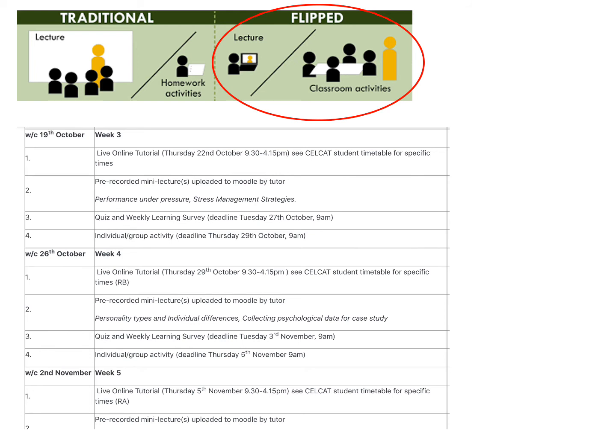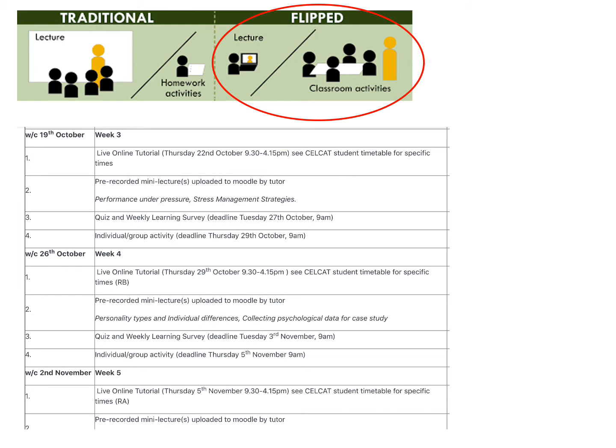Underneath, this is a copy of some of the weeks of the schedule of the module, and you'll see that there's a live tutorial, which will be about the previous week's learning, and then there will be some mini lectures provided by the module tutor, and then a quiz and some learning surveys, some independent or group activities which will vary.